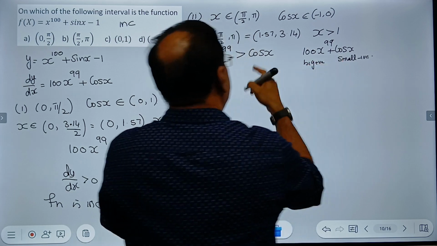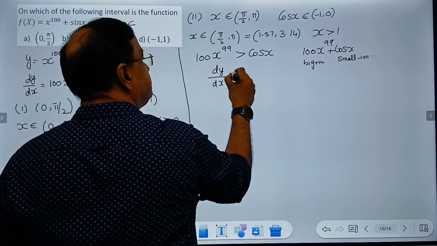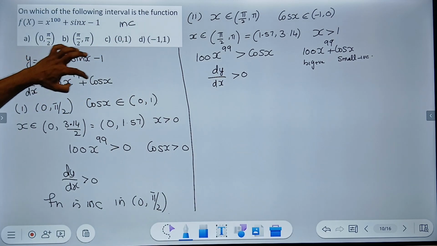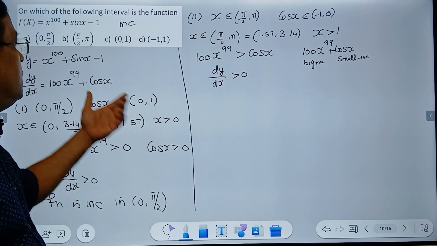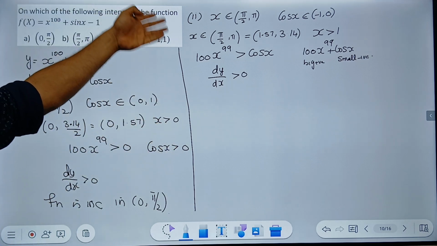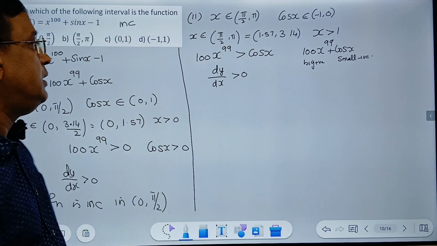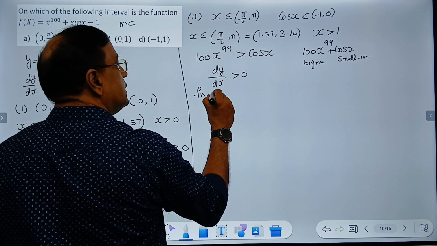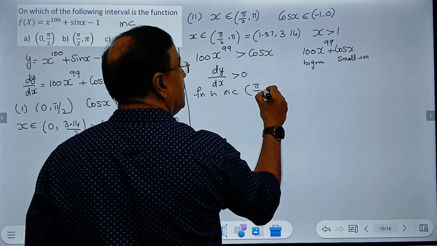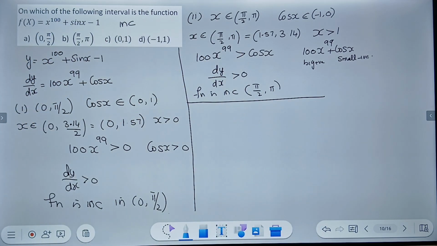So when I add, obviously dy by dx is going to be positive. 100 x power 99 plus cos x will be positive, because a big positive number plus a small negative number is positive. Therefore, the function is increasing in pi by 2 comma pi. The second part is over.